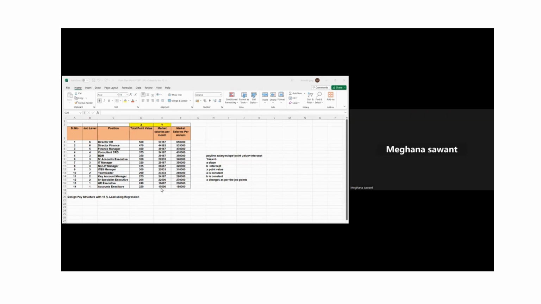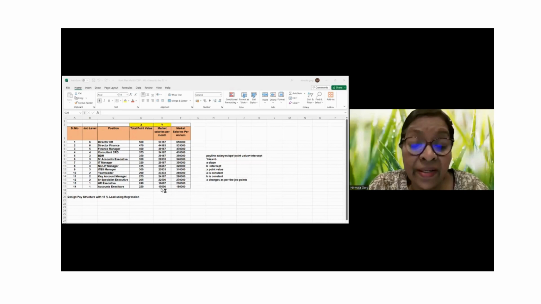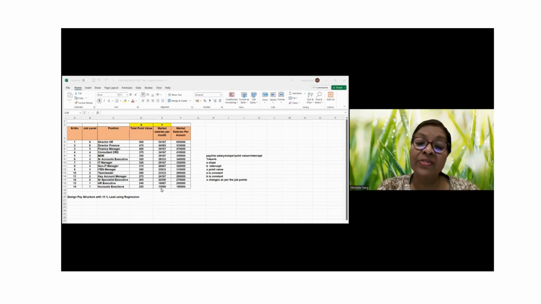Now I can use regression to predict salary. That is what most of the consultants like Mercer, Hewitt, and Aon do: they do regression and predict the salaries. When they go to organizations and organizations ask them to do salary benchmarking and predict salaries, this is what they do.